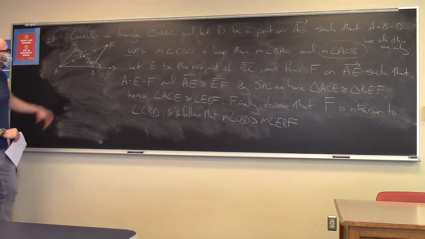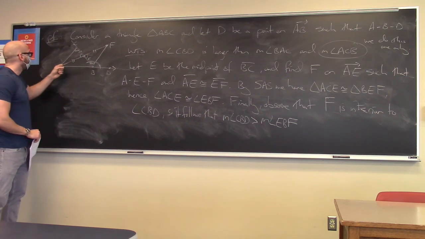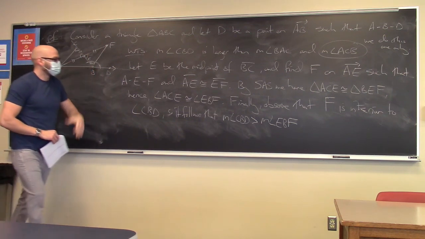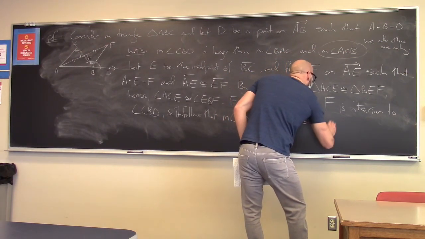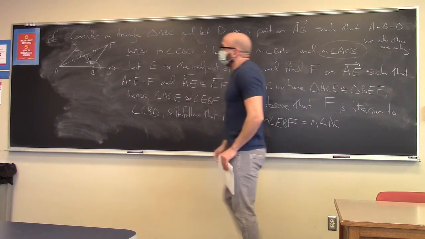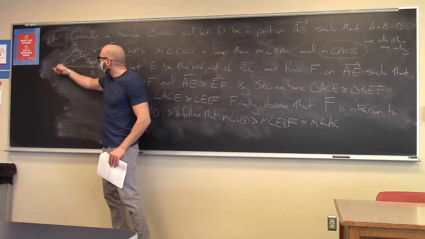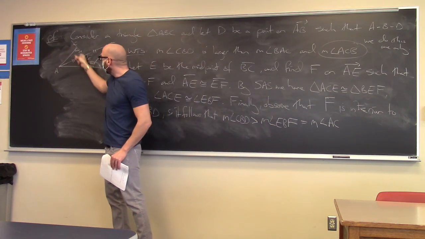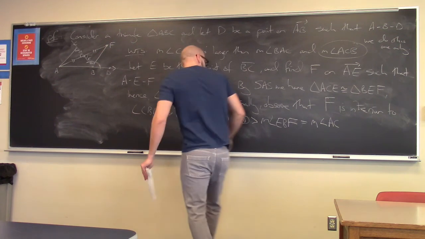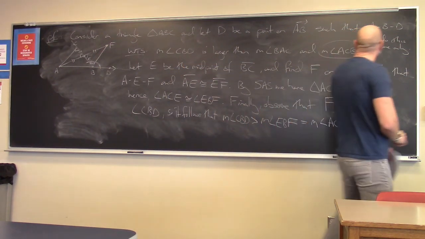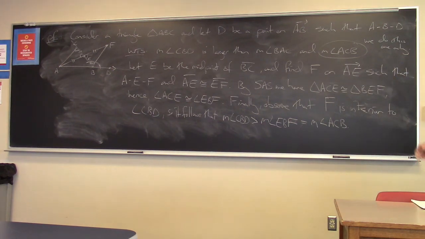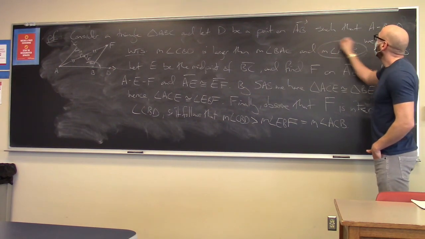But we've already established that the measure of angle EBF is the same as the measure of angle ACB. To be fair, before we called it ACE, but obviously ACE and ACB are the same angle. So measure of angle ACB, which is precisely what we wanted to do.